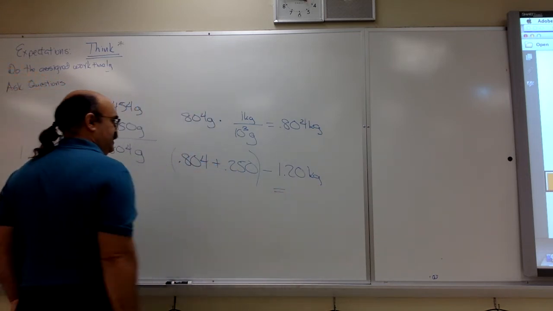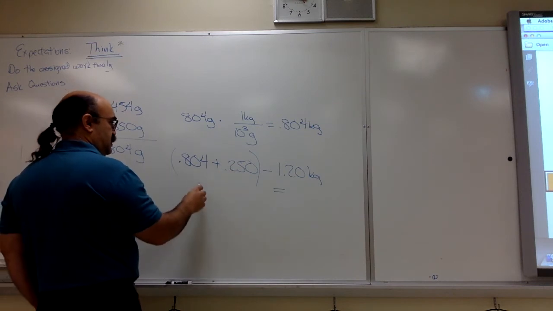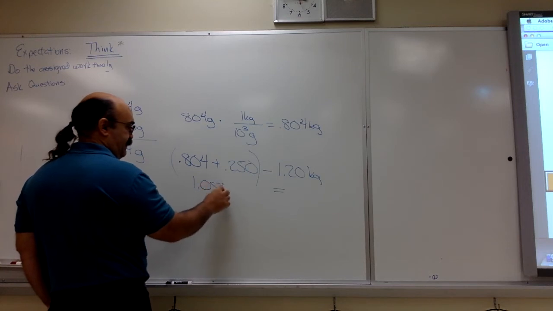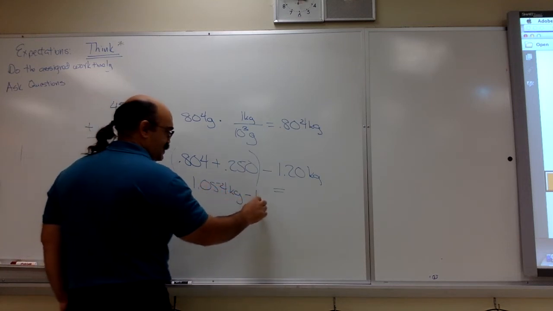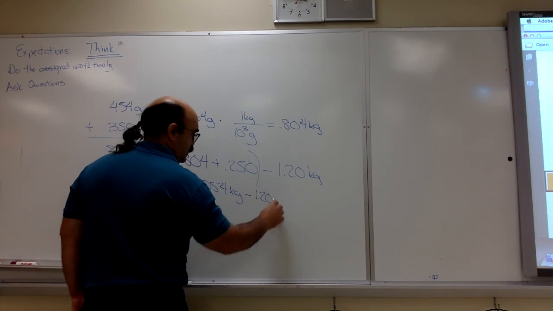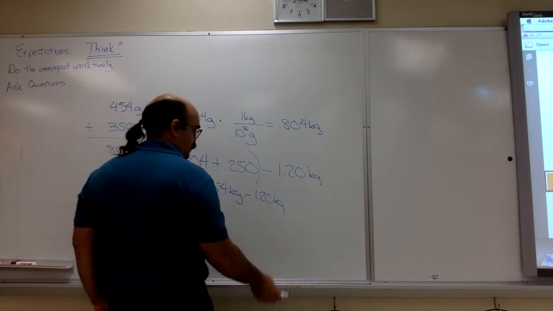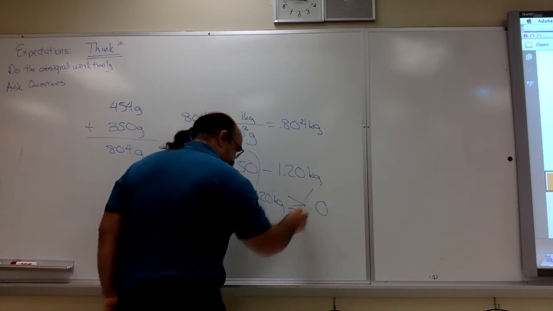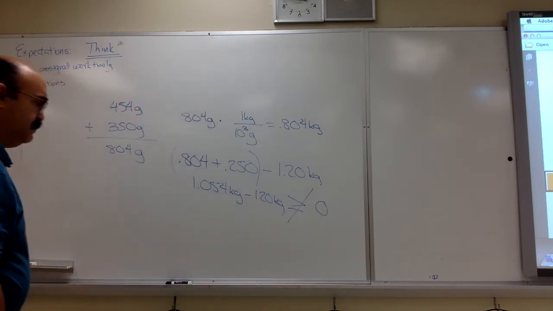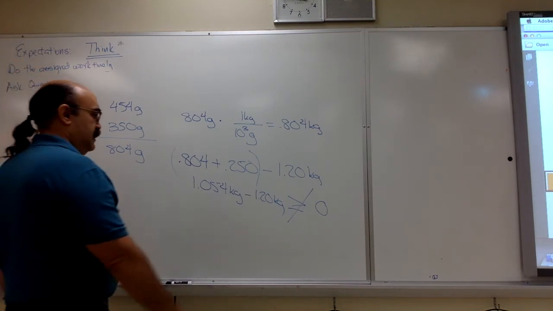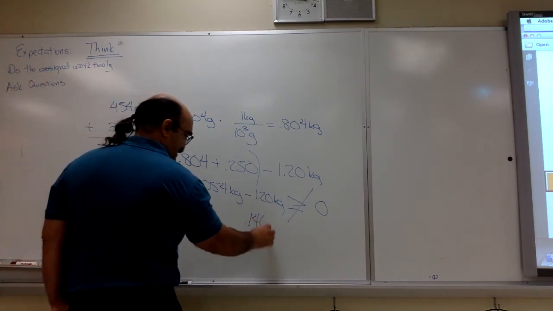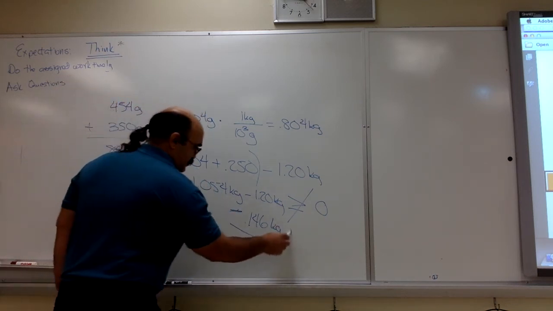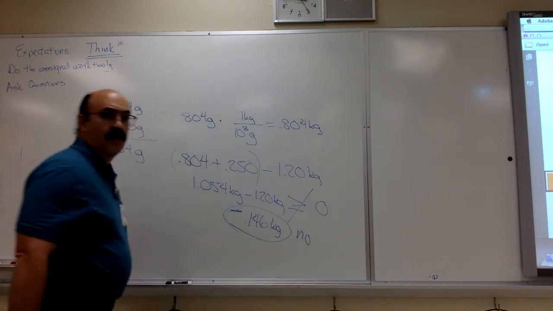If I add these two together, don't I get 1.054 kilograms minus 1.20 kilograms? And that is not greater than or equal to 0. I do believe I am short 0.146 kilograms. So no.